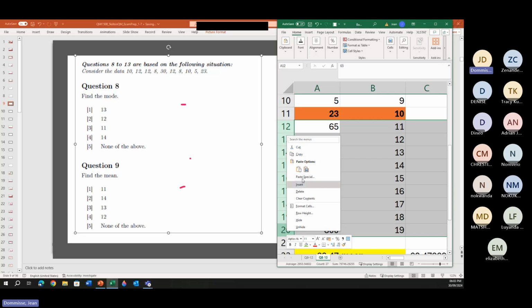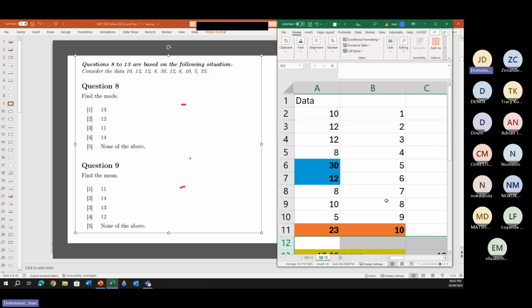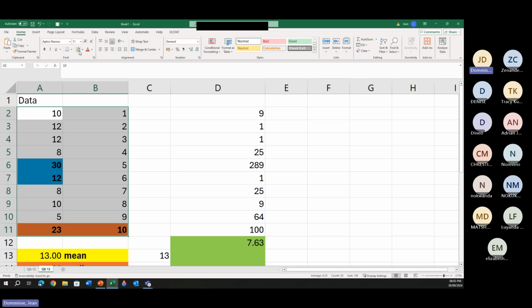But let's delete that. Okay, so now we see we've got 10 numbers in this data set. 1, 2, 3, 4, 5, 6, 7, 8, 9, 10. Okay, they didn't tell us that we're working with 10 numbers, but we're basically sitting with 10 numbers.